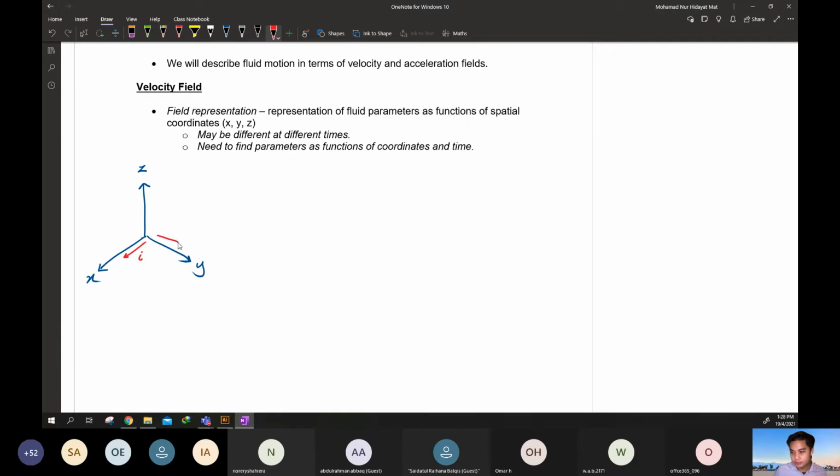The unit vector in terms of y we call j, like this. And then in terms of z, it is actually k. I hope you understand the basic principle of the calculus.